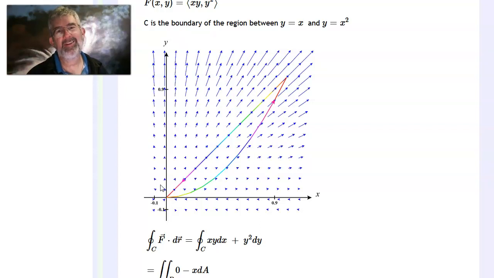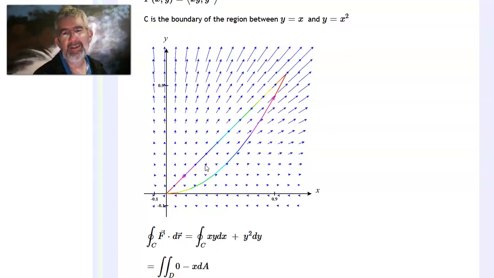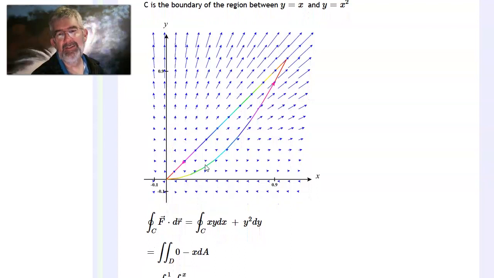That's one of the reasons why I would be inclined to try to use Green's theorem and do the double integral inside, because do I really want to do two line integrals to get this done? Instead, I can just say the integral around C of F dotted with dr is this, p dx plus q dy, so xy dx plus y squared dy.